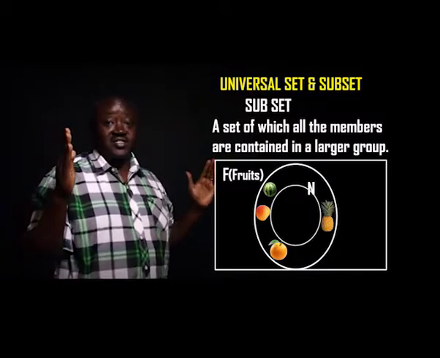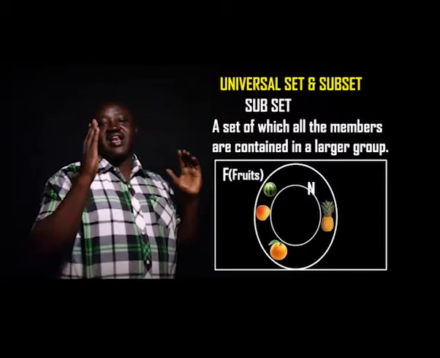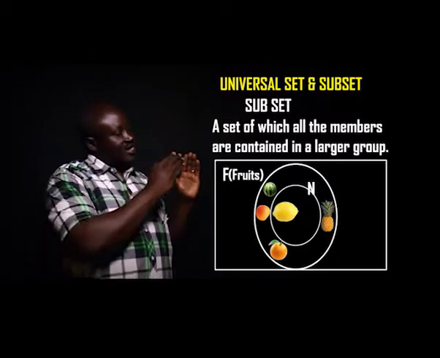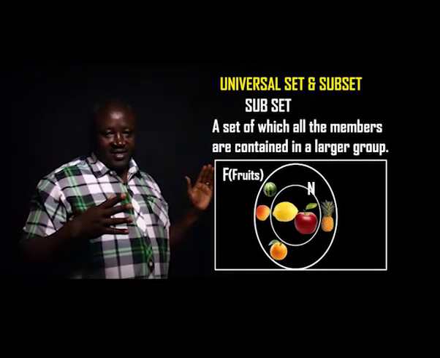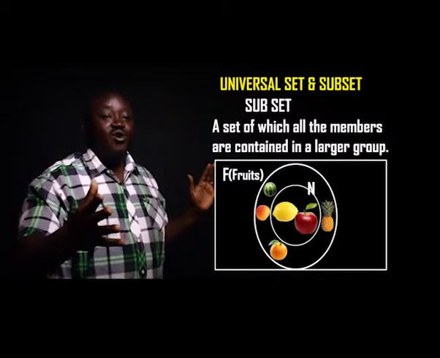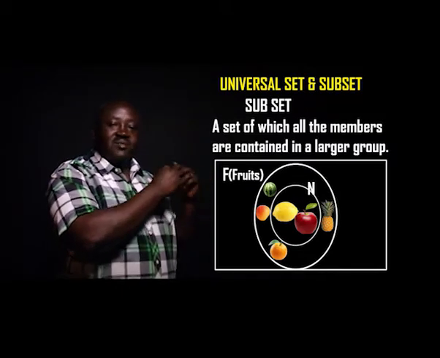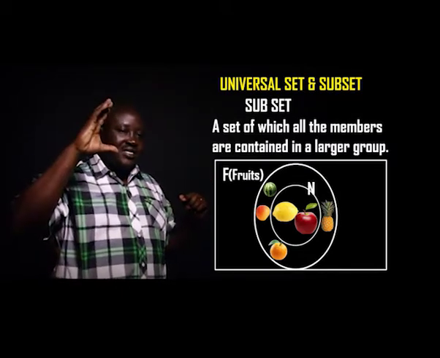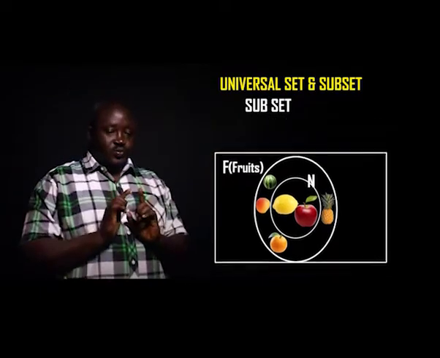All those are fruits. In the inside one, you can have lemon and apple. Here, a subset is a smaller one out of the larger group.